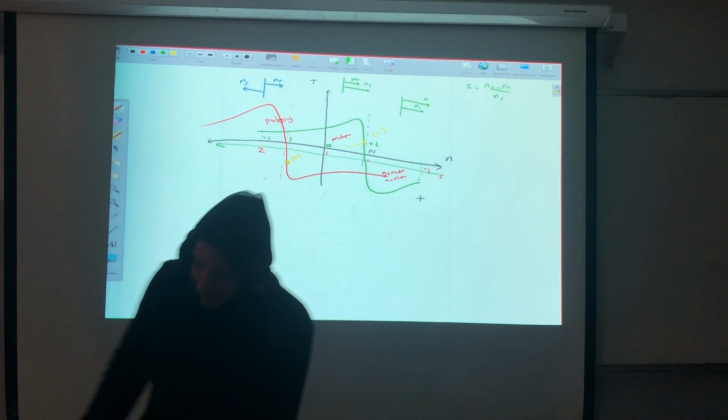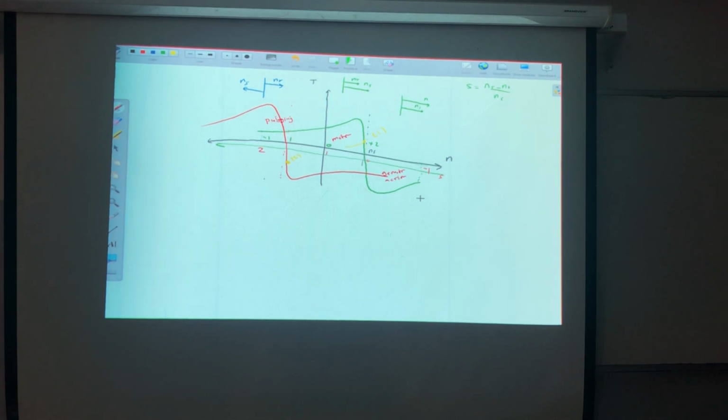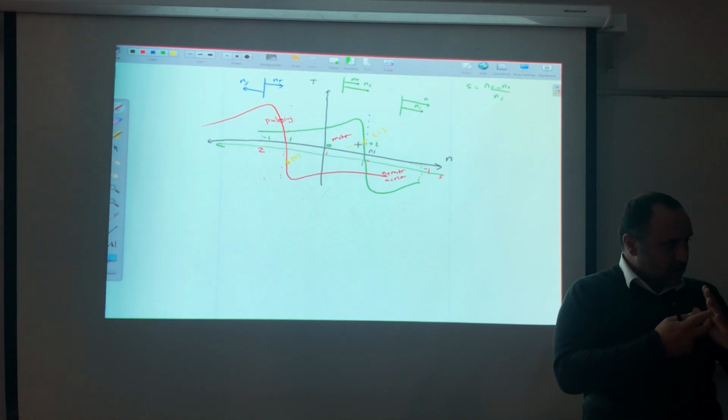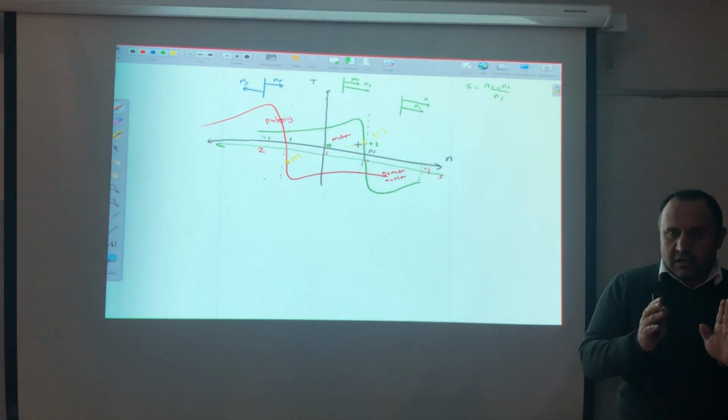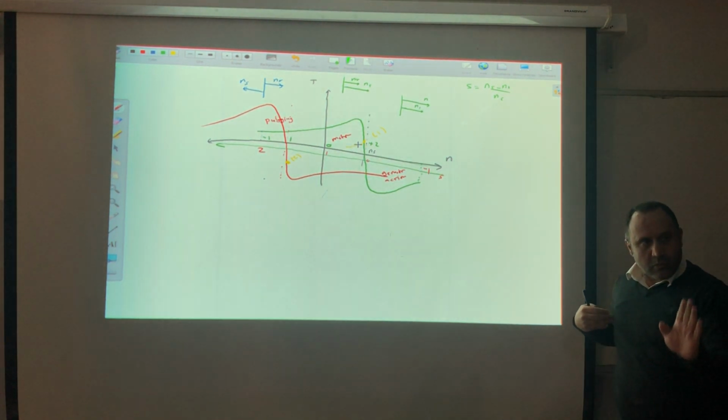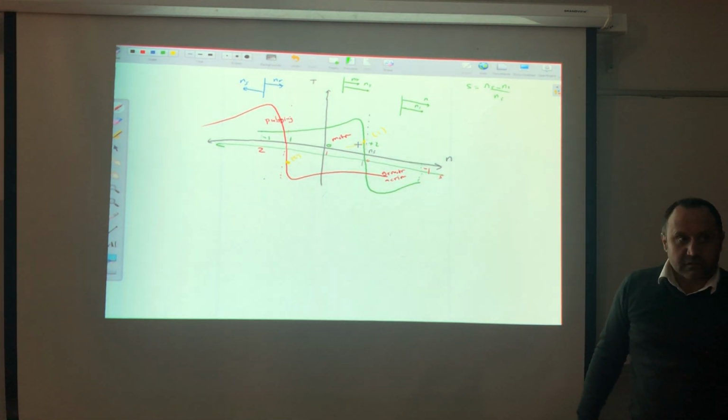Okay. Now, remember, the first thing that I will do is what? If I exchange the two lines, then the torque will reverse while the speed is the same. Yes?